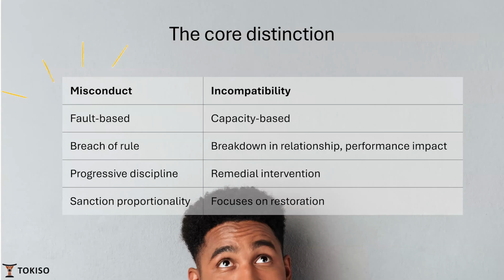Your investigation as well will uncover which process to follow, and it is important to identify early on what the cause is behind the behavior, what is causing this disharmony, in order to identify which route to go and which process to follow, whether it is misconduct or incompatibility.